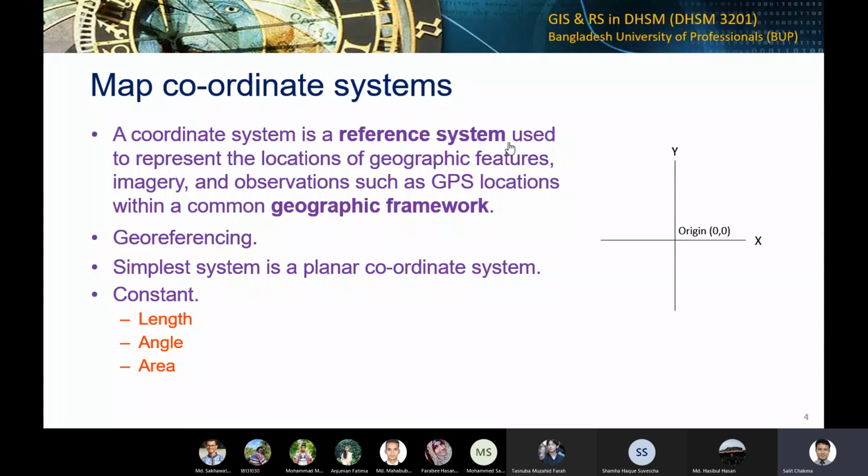So since they have very limited idea or no idea about coordinate systems, what happens is that when they collect data, some errors get added to the data. Give me a quick moment to find it.